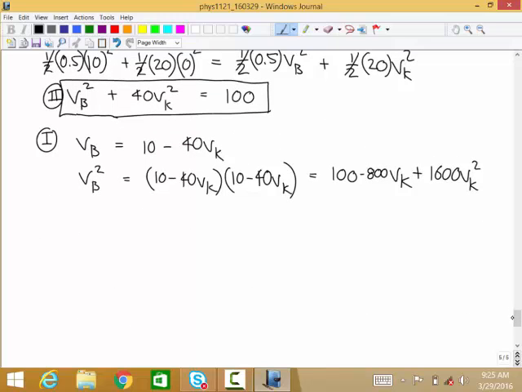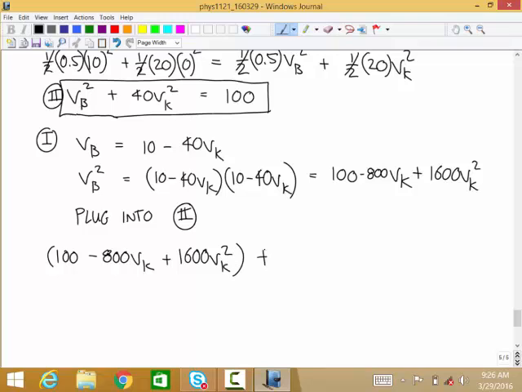Okay, so now we can plug that in for VB squared here. And we get 100 minus 800 VK plus 1600 VK squared plus 40 VK squared is equal to 100.